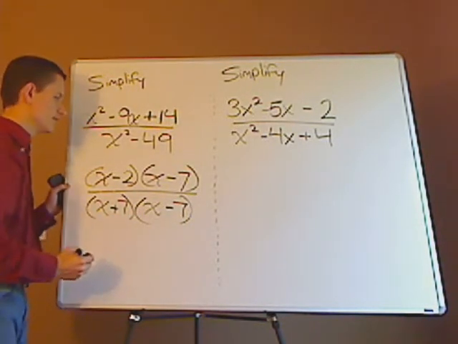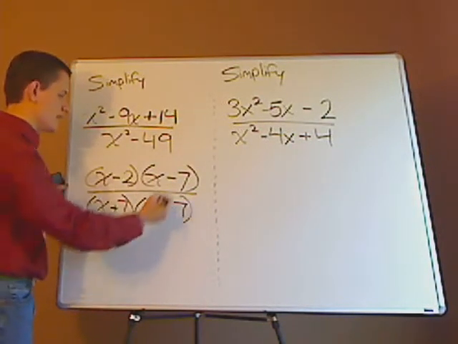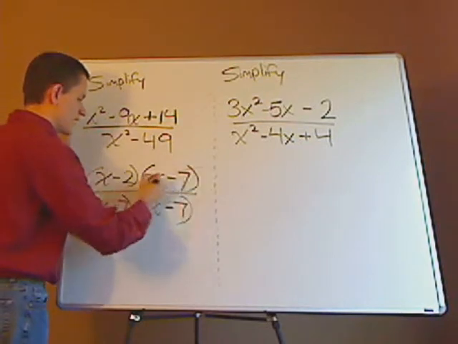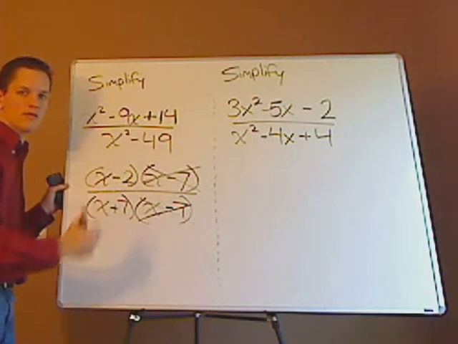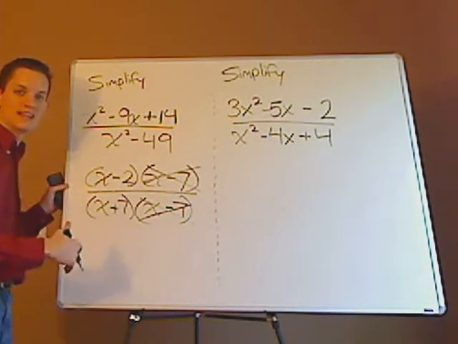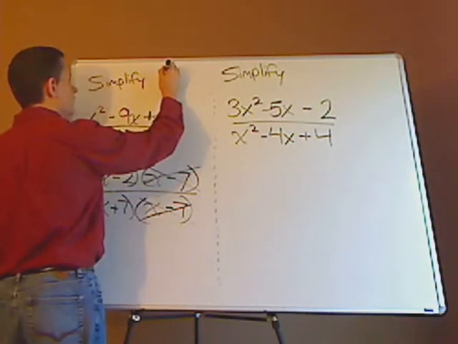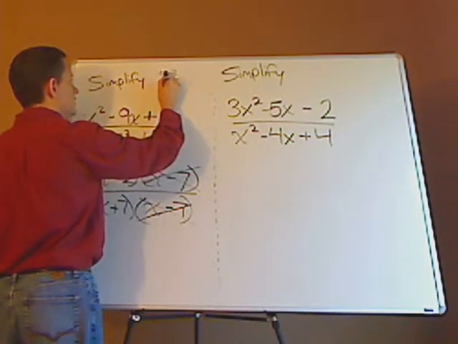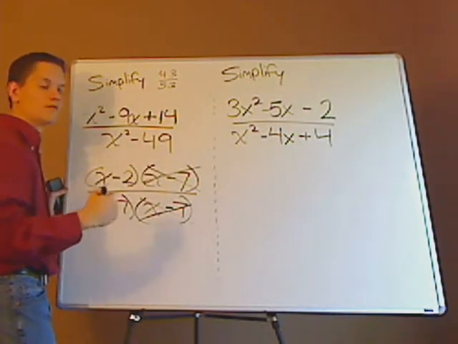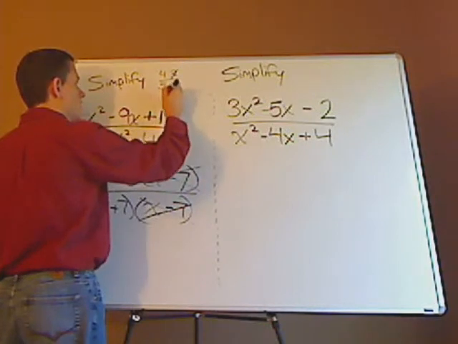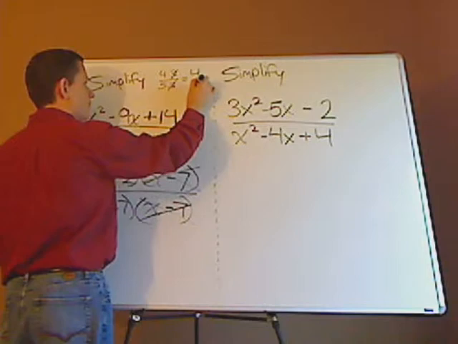And now what's going to cancel out? Whatever they have in common, right? So the x minus 7 is going to cancel out with the x minus 7. It's like having 3 over 3, right? Those 3's cancel out. If I have 4 times 3 and then 5 times 3, 3 over 3 is 1, and that just leaves me with 4 over 5.